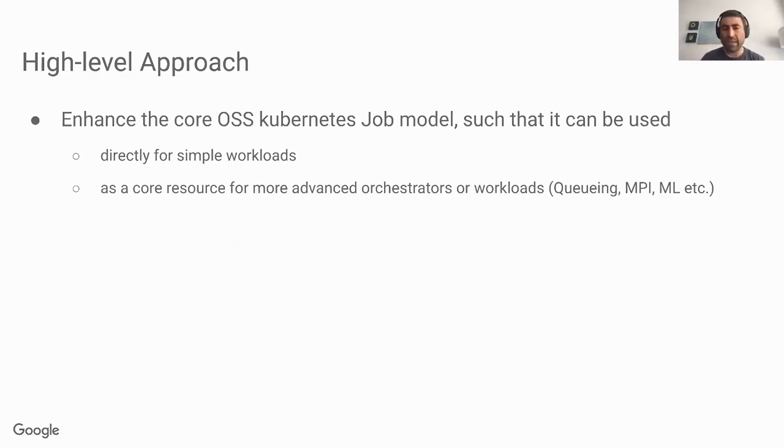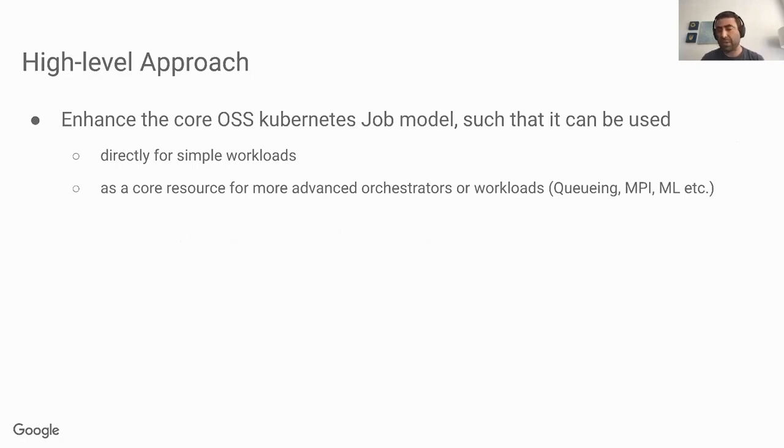So we're trying to tackle these two problems. Specifically, we're trying to enhance the Kubernetes job model so that it's easy to use for simple workloads. You don't really need to build anything custom on top of Kubernetes to address simple use cases. And for more complex workloads, we want to have the job model as the center of gravity.